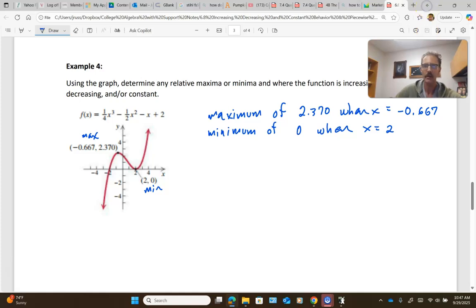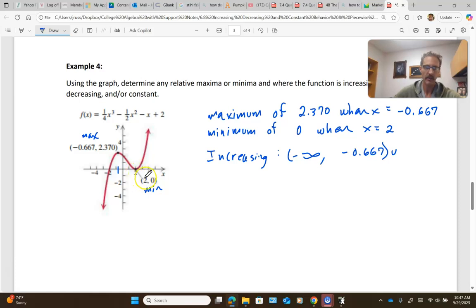And then what about those intervals? Increasing, decreasing, and constancy. Well, it's increasing over 2 intervals, this piece right here, and then this rightmost piece. So this piece was always increasing, and it stops right here at this point. Well, what's the x value of that point? What's given to us, right? So it's increasing from negative infinity all the way to negative 0.667. And it's increasing again from this minimum onward.